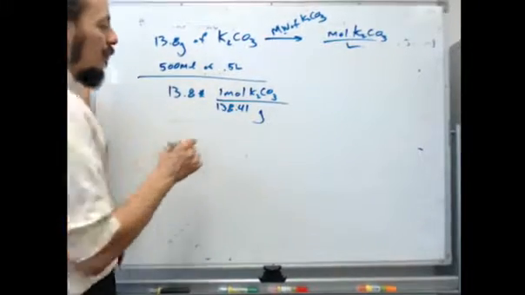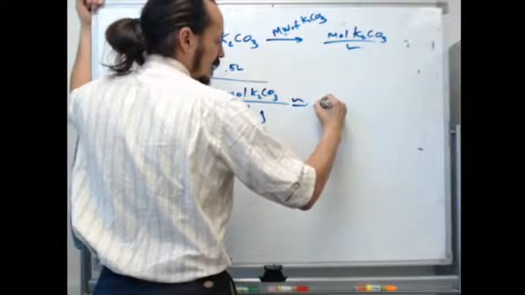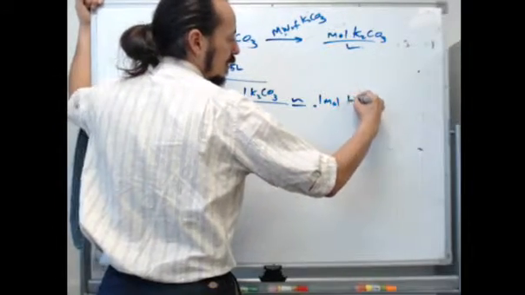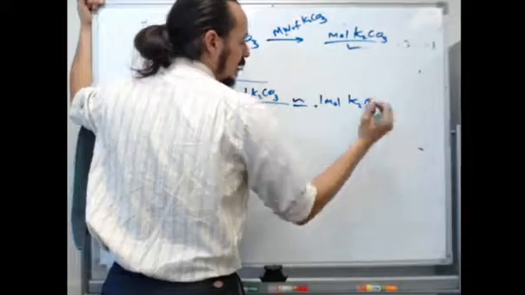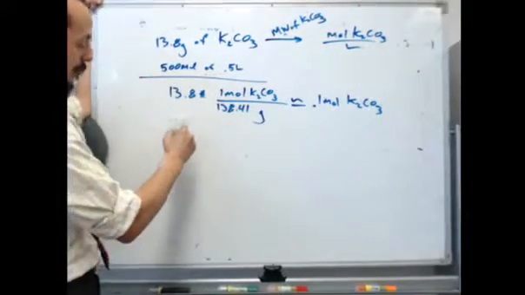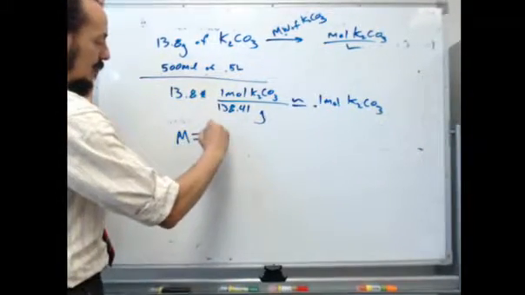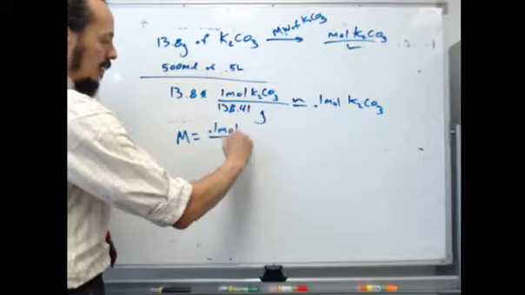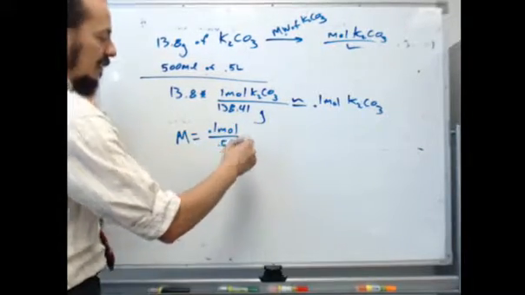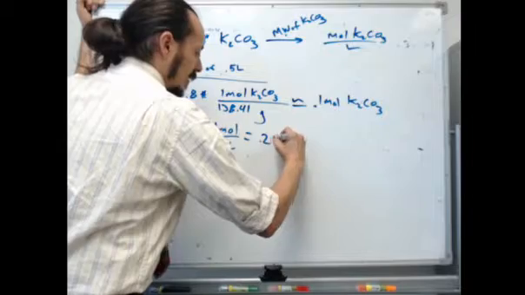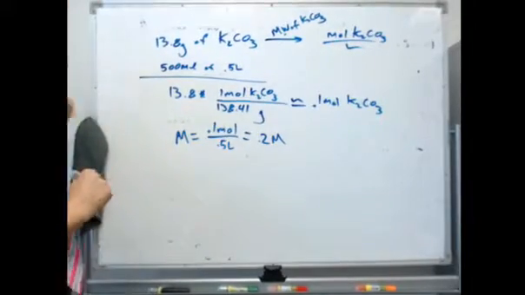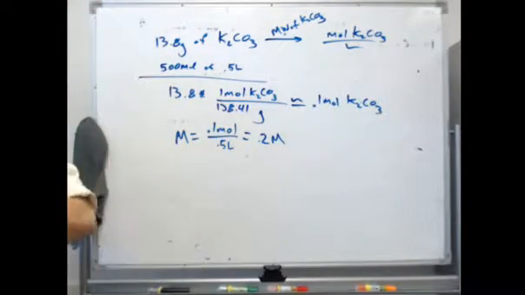So it's approximately 0.1 moles K2CO3. And then molarity is going to be 0.1 moles divided by 0.5 liters. And if I can do math in my head correctly, that's 1/5, which is 0.2 molarity.